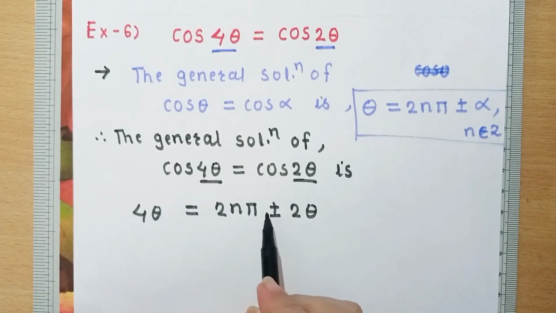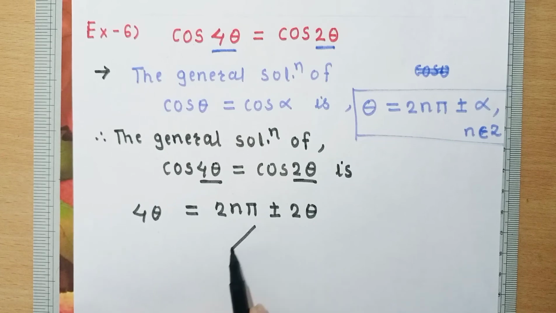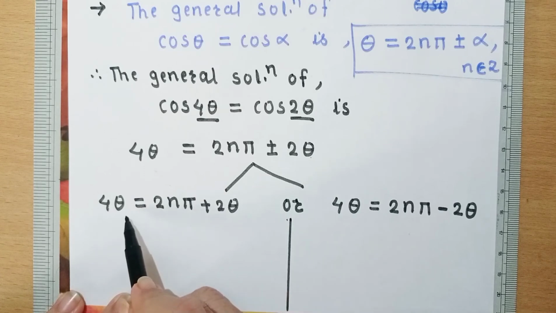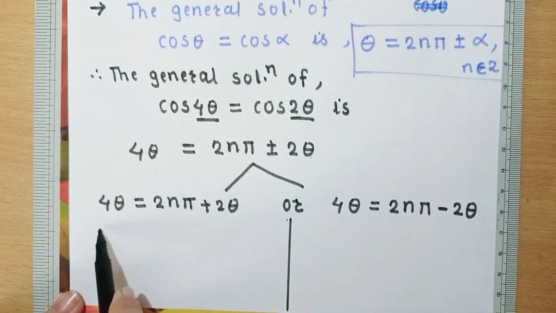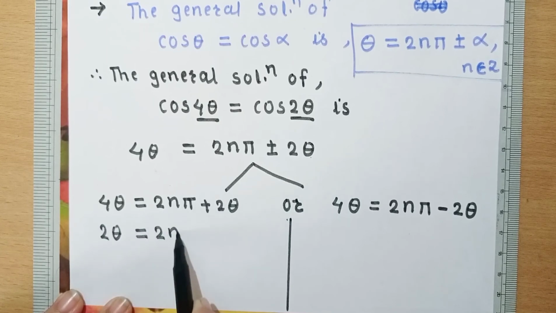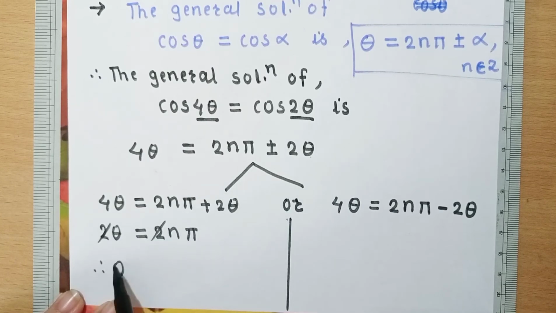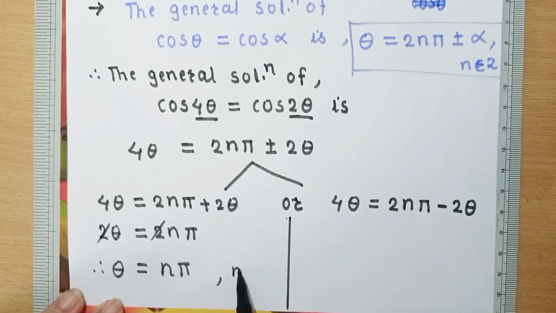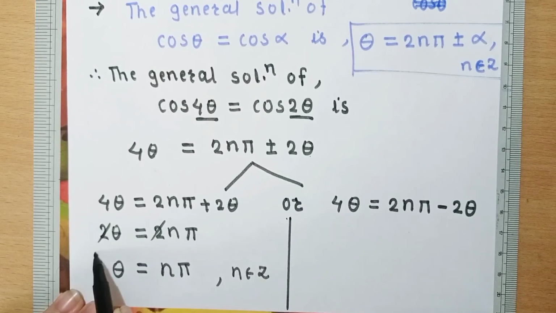Now check here, there are two possibilities, either we have to take the plus sign or the minus sign. So first, taking the plus sign, plus 2 theta will become here minus, so 4 theta minus 2 theta is 2 theta equal to 2n pi, then this 2 gets cancelled, and so the final solution is theta is equal to n pi, where n belongs to z.